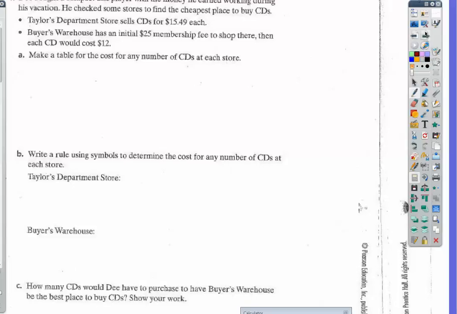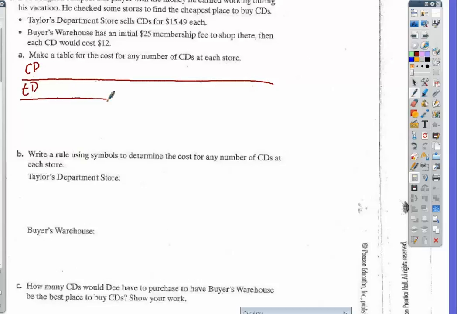All right, so make a table for the cost of any number of CDs for each store. So we're going to have one table that's combined. I'm going to have CDs, Taylor's department store, and Buyer's Warehouse.